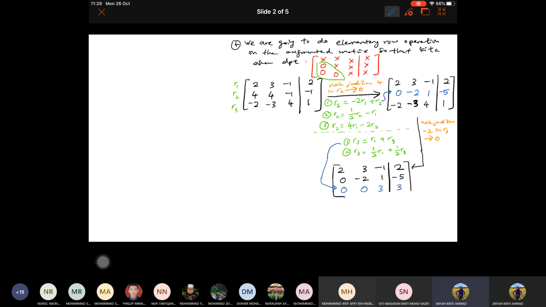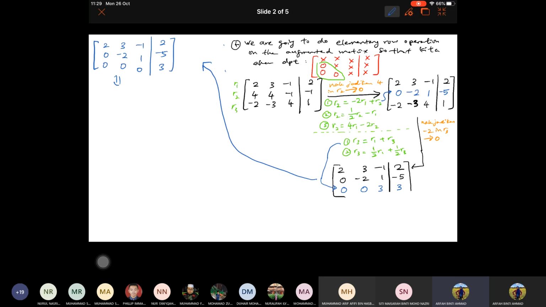So daripada sini, so let's say saya bawa matrix ni ke atas ni. Okay. So persamaan awak tu 2, 0, 0, 3, negatif 2, 0. Negatif 1, 1, 0, 2, negatif 5 dan juga 3.